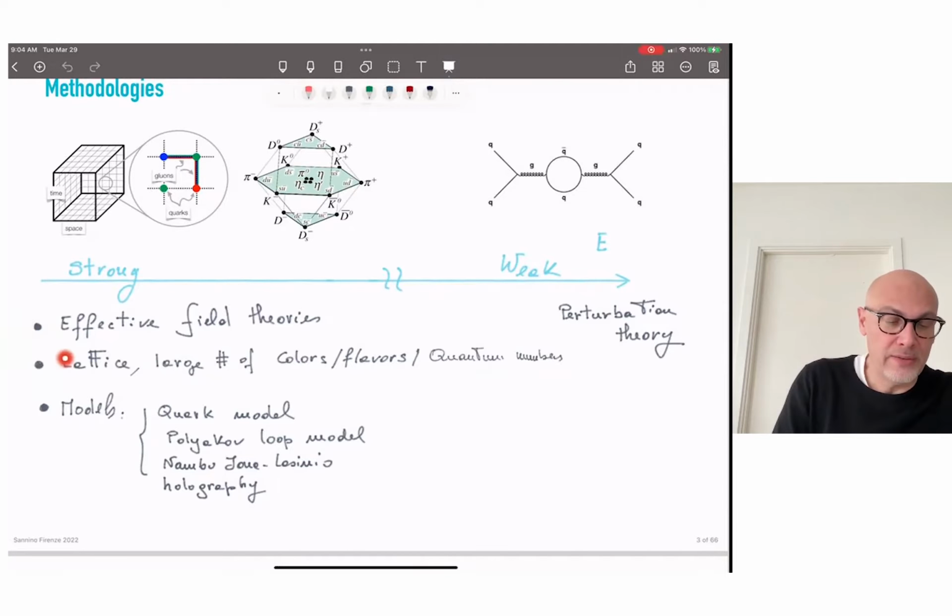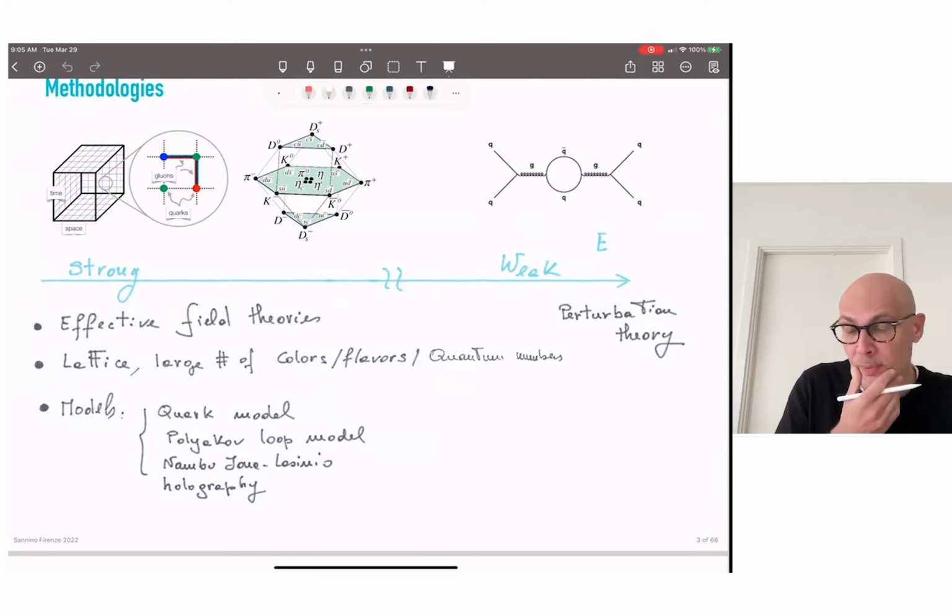So I would say that the first 2 categories go under the name of faithful representations of QCD in certain limits, or strongly coupled dynamics in certain limits, which means that you get rigorous results. And sometimes you have to resort to less rigorous results and more to models. That's why we call them models. And probably one of the most famous ones is the quark model that basically started even before QCD.